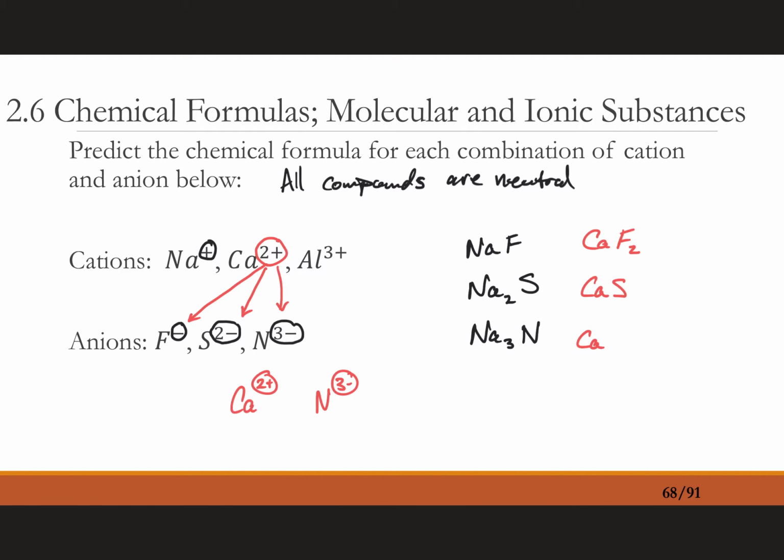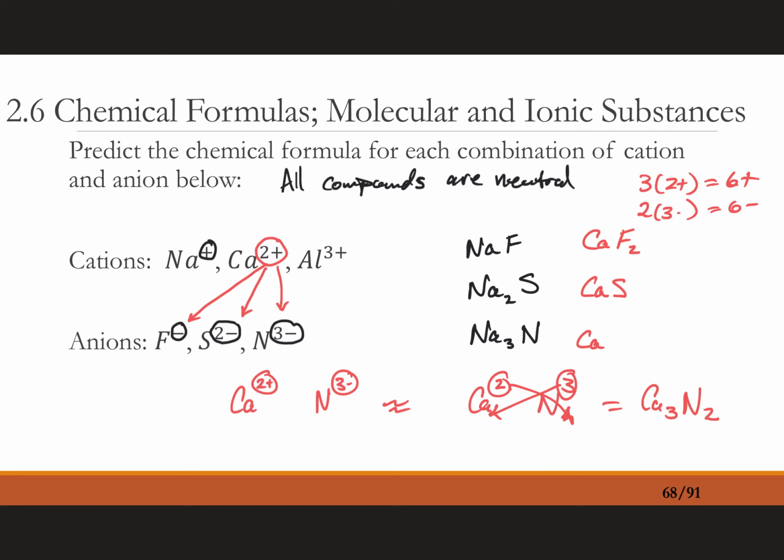If we take those charges and change them to Ca2 and N3, and then take those numbers and put them as the subscripts on the opposite atom, we'd get Ca3N2. Because 3 times a 2 plus is a 6 plus, and 2 times a 3 minus is a 6 minus, and so those balance out.